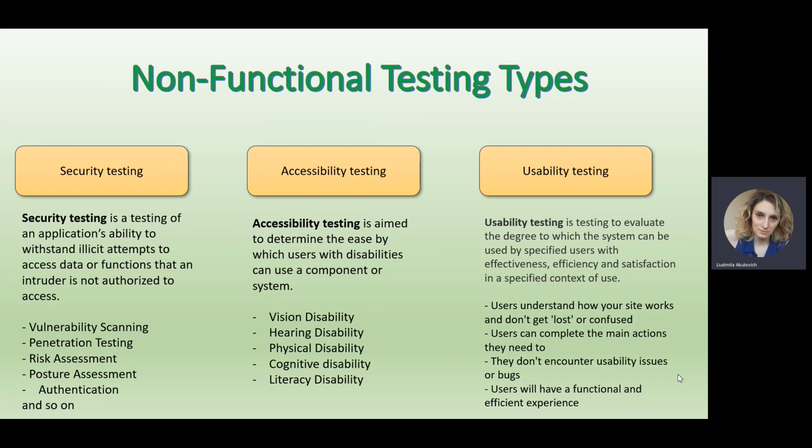Accessibility testing, as a non-functional testing type, focuses on how easily our application can be used by users with different kinds of disabilities. For example, vision disabilities, physical disabilities, literacy disabilities, and so on.